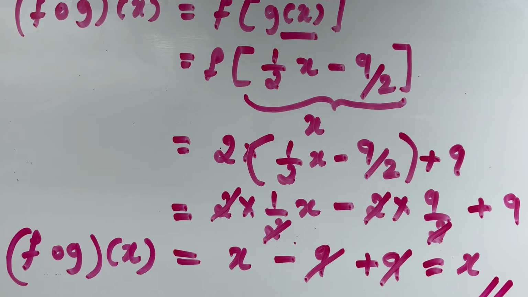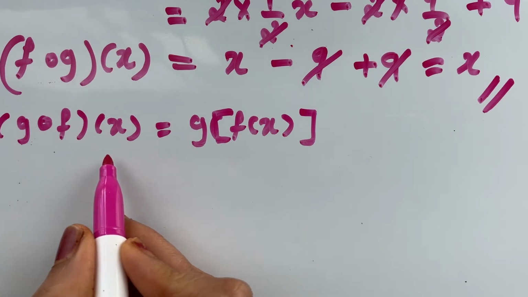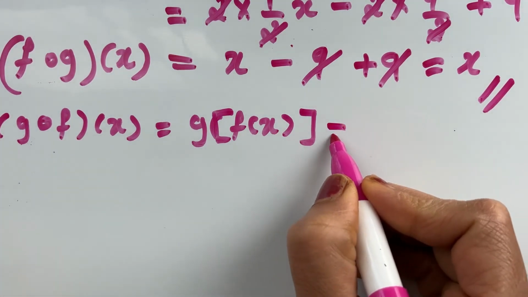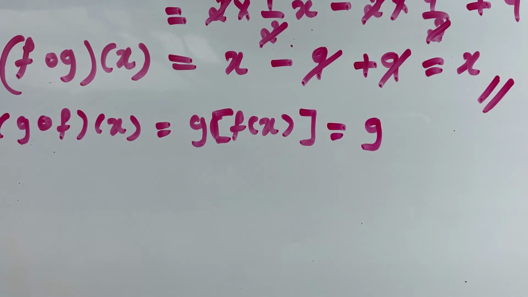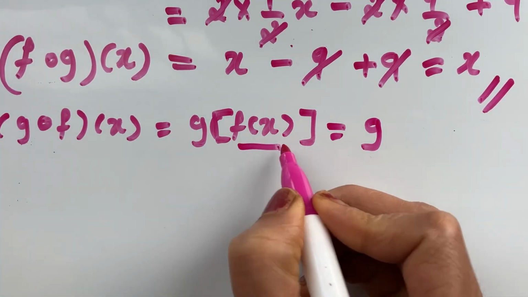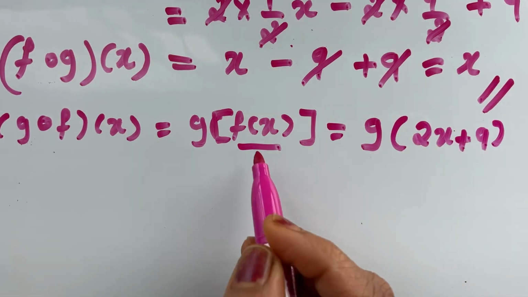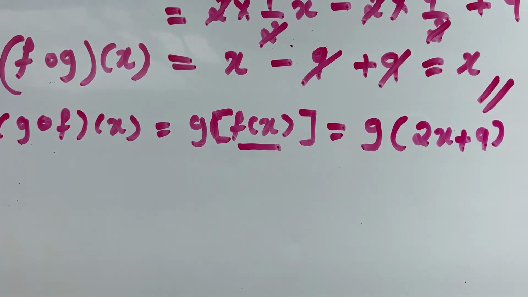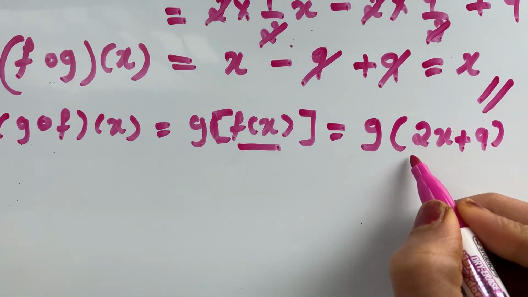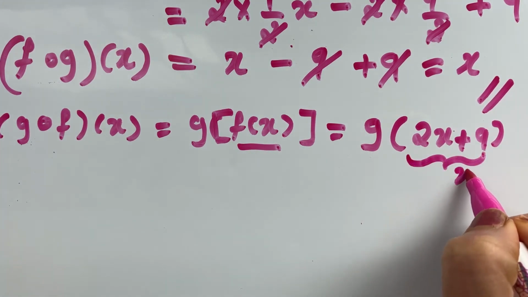So one part is satisfied. Let's find the other part, which is g composition f of x, nothing but g of f of x. Our f of x is 2x plus 9, so in place of f of x, replace 2x plus 9. Here f of x is the inner function. Now in g of x, this whole part you have to consider as x.